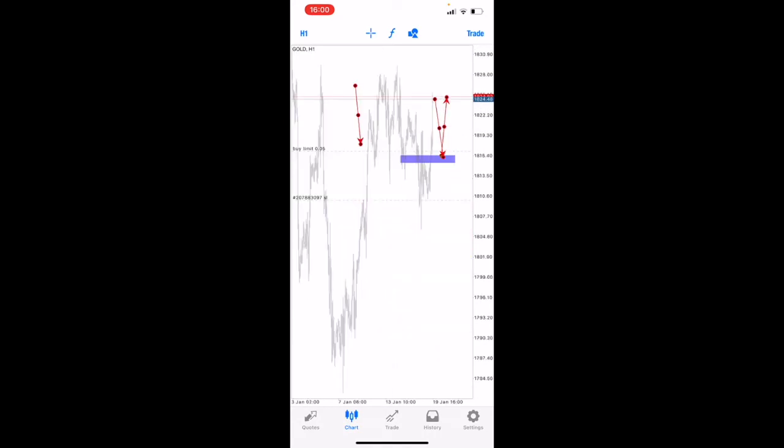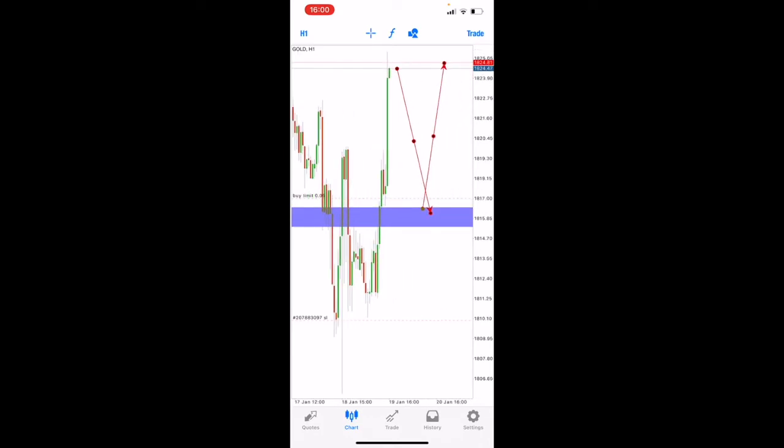In order for it to open, price has to come down, then reach this level, then it will open a buy, and then if it increases from that, going back up, that's when you will profit. But when it comes down and it opens the buy limit into a buy and it carries on going down, you will lose. So just be careful with buy limits. But that's basically how buy limit works.